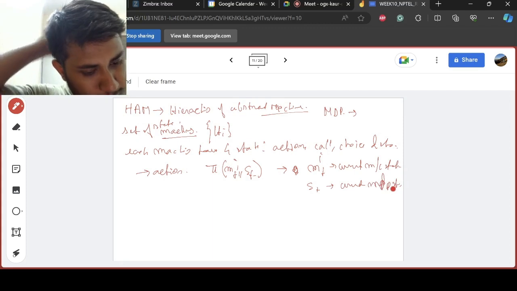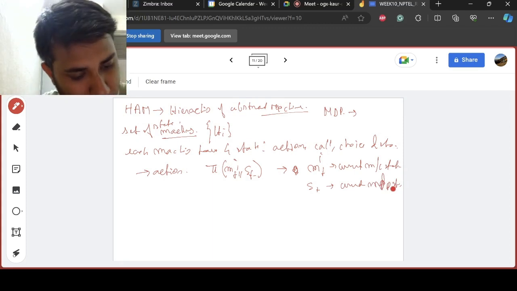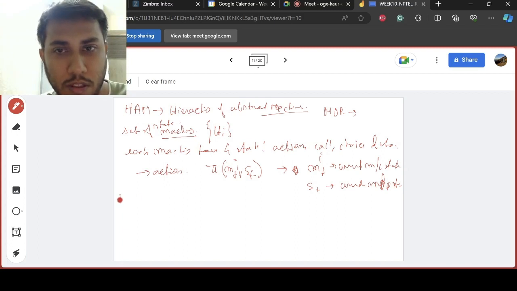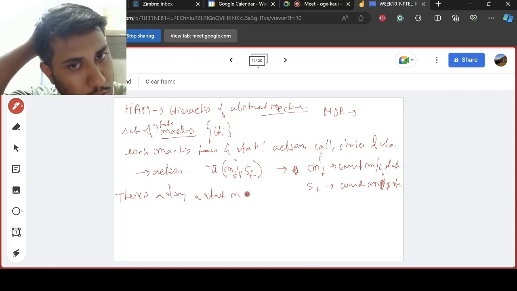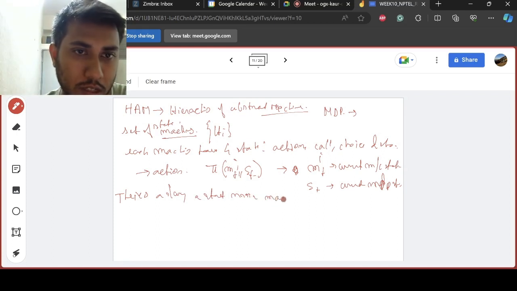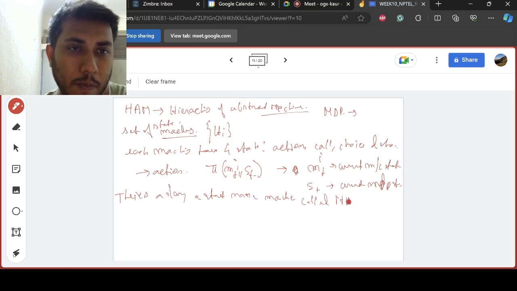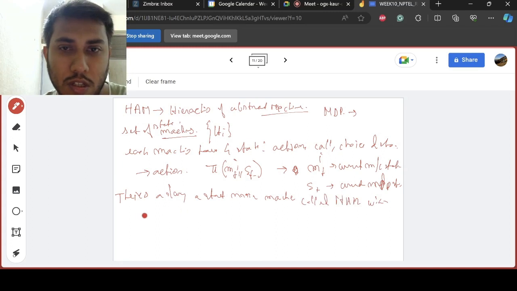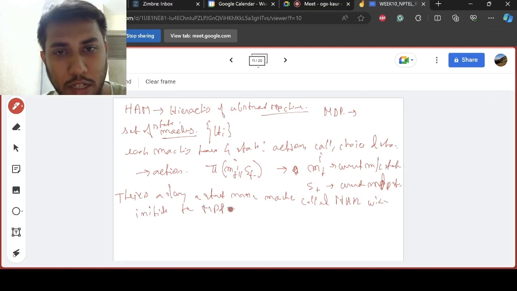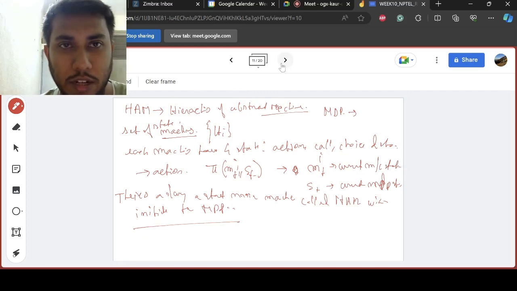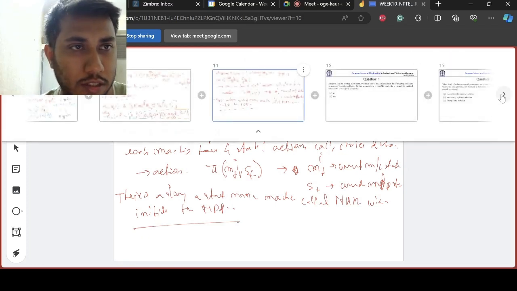Other things we need to discuss: there is always a main start machine called HAM, which initiates the call, which initiates the MDP. Now let's get to the example and get these things cleared.